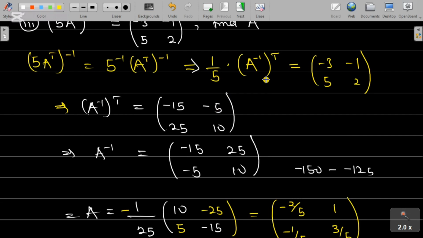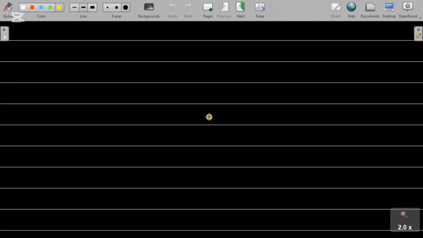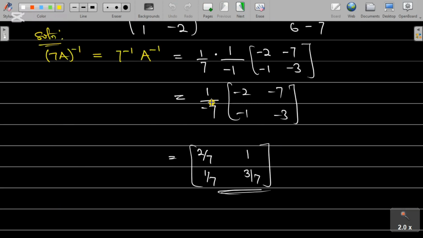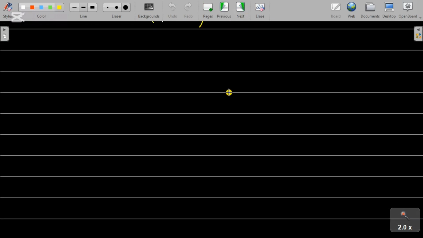I didn't take note of that. So there is IV there, and where is it now? Let me find it. Yeah, IV is the inverse of I plus 2A. Let me see if it's in the next page. No, it's not there. That means it's still down here. No, it's not even here. Okay, let's see. Okay, yeah, it's here.